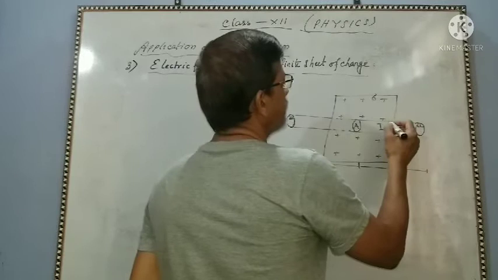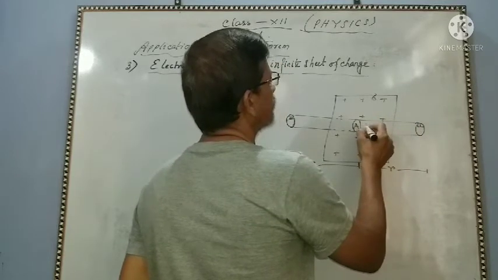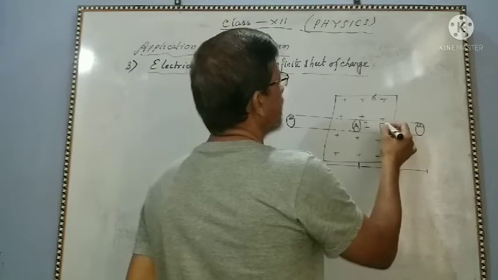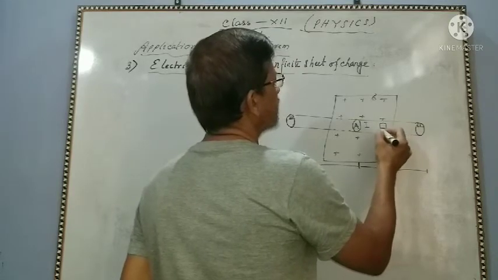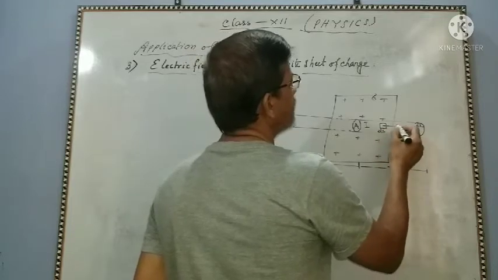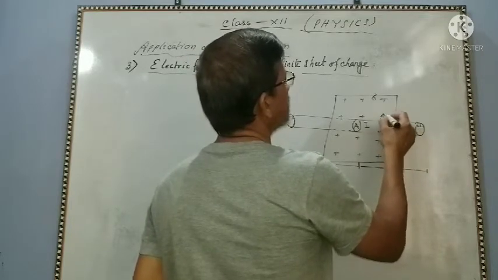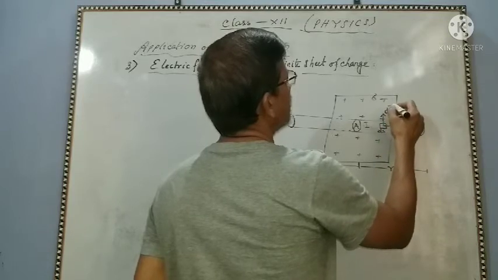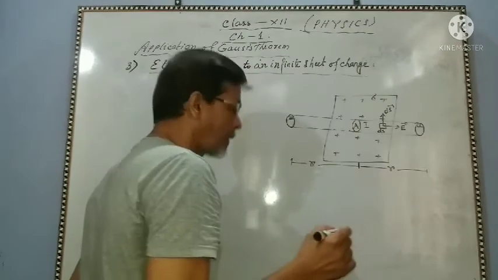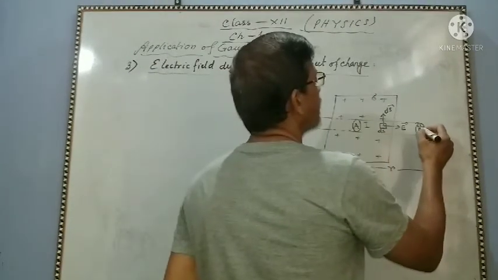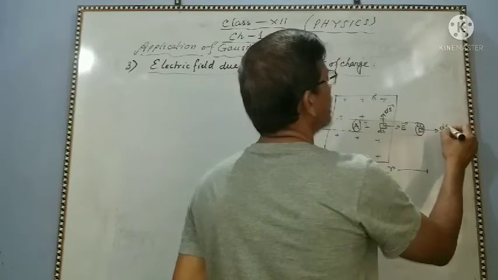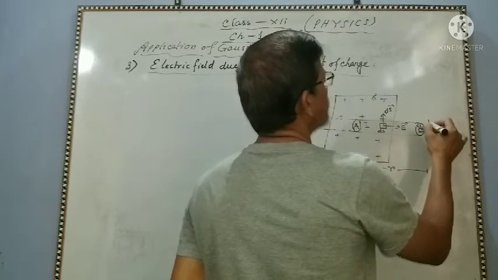Here we have taken a small elementary surface area ds. The electric field will be in this direction, and the area vector ds is in this direction. The electric field E vector is also in this direction.